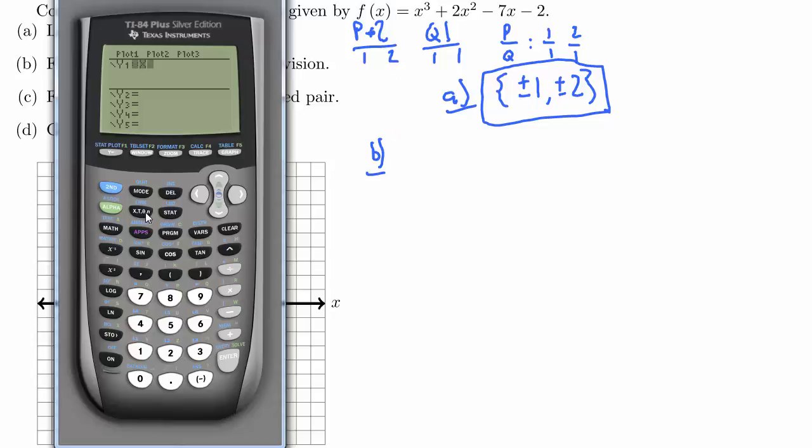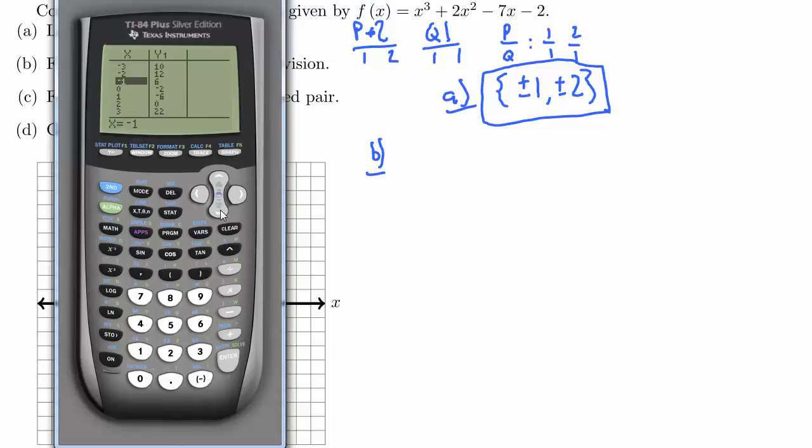So, go ahead and just type in x cubed plus 2x squared minus 7x minus 2. And then you can either graph it and look here, or you can go to your table, which is second graph.